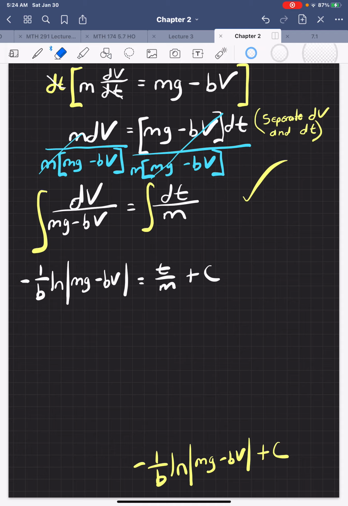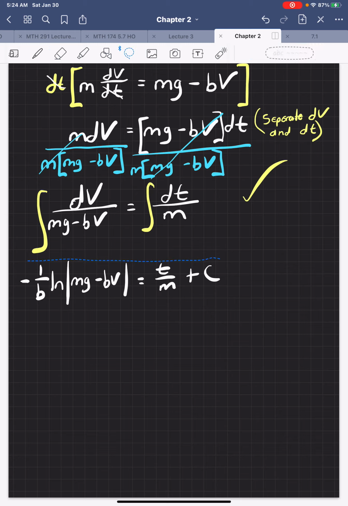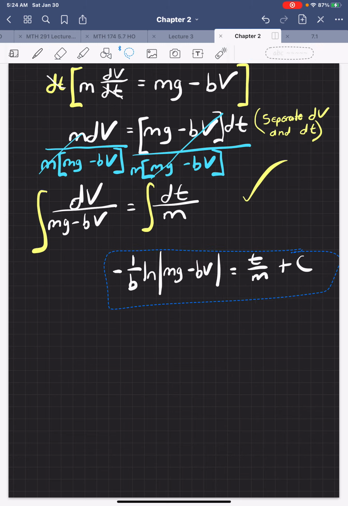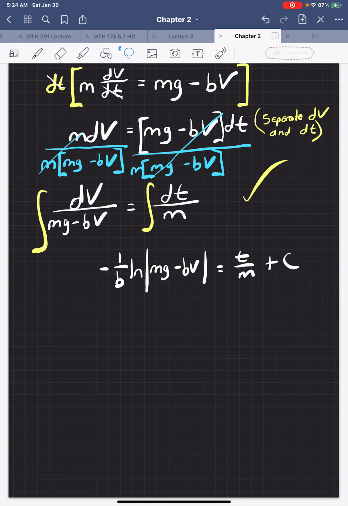So we're going to be a little bit sloppy in our notation, but this is what most textbooks do as well. So henceforward, if you integrate the left side and you integrate the right side, just carry that constant of integration on the right side. Don't worry about carrying a constant of integration on both sides.